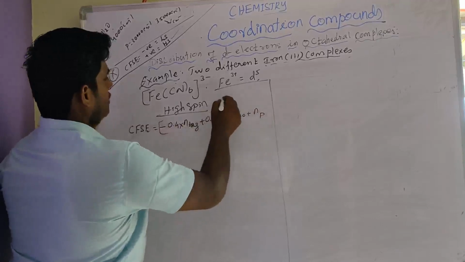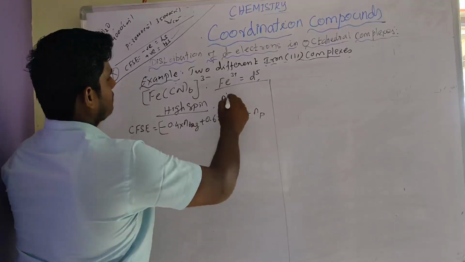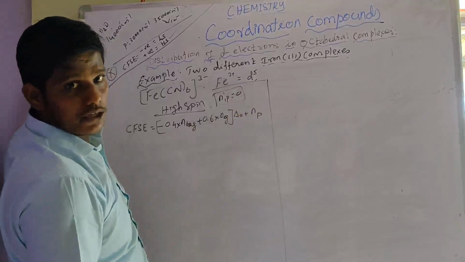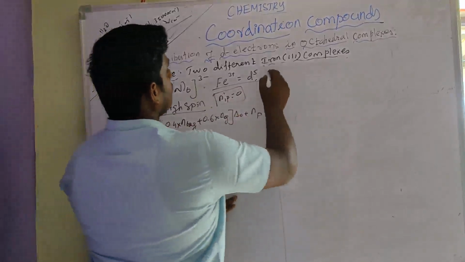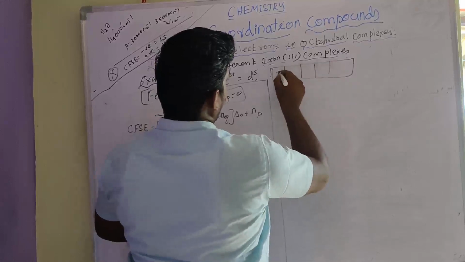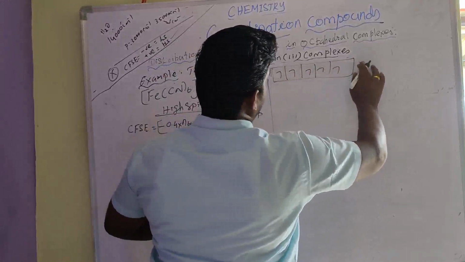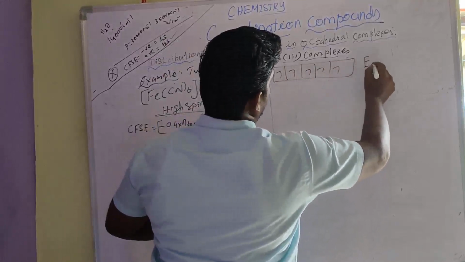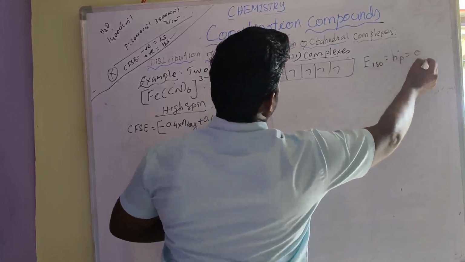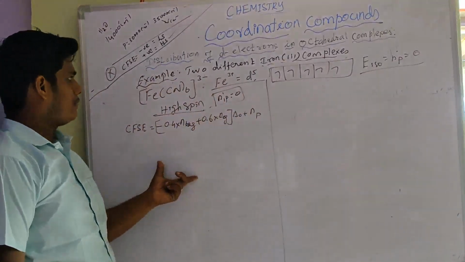The isotropic field energy, n' P, equals 0 because all five d electrons are unpaired: 1, 2, 3, 4, 5. So I take the formula.